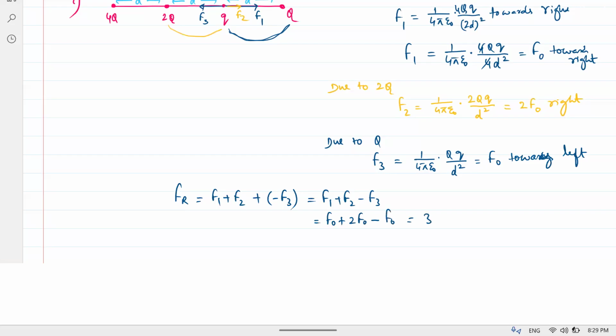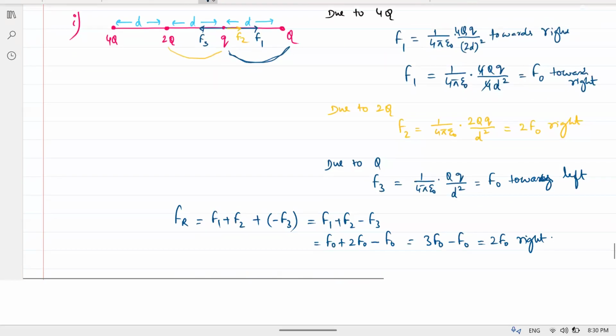That means 3F naught minus F naught, so it will be 2F naught. Which is dominating, right or left? Right is dominating. So it will be 2F naught towards right.